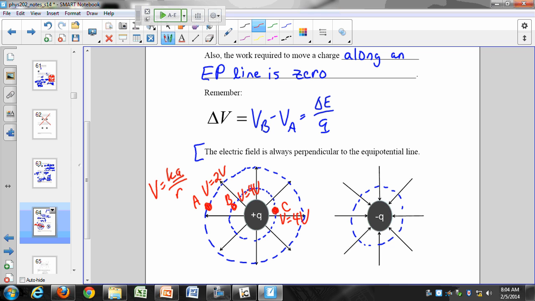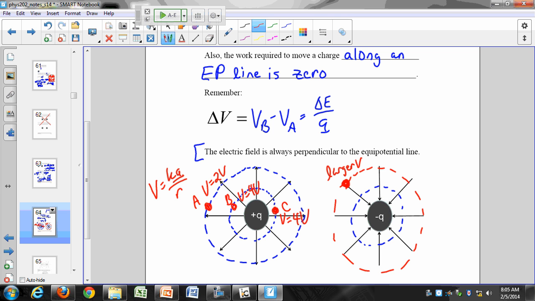Now on a negative charge, it's opposite. So if I have equal potential lines, the further out I go, the larger potential. So this is the larger potential. Y'all understand why? Because it's negative, right? So it's getting smaller, but it's getting smaller negatively. So it's getting closer to 0.